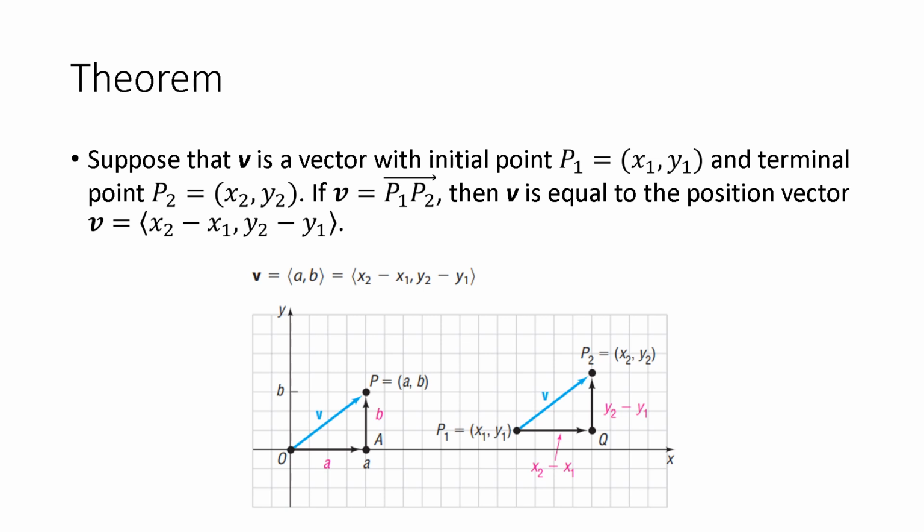Because vectors are not dependent on location, they're only dependent upon magnitude and direction, we can move the vector from any arbitrary point in space to its initial point corresponding to the origin of the coordinate system.